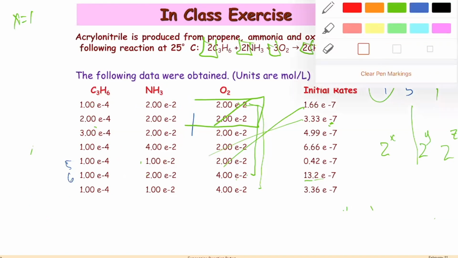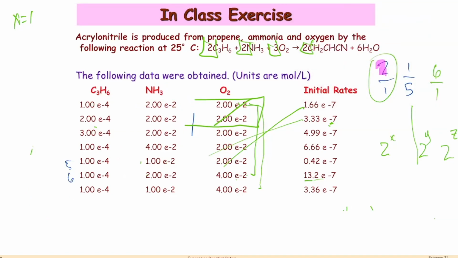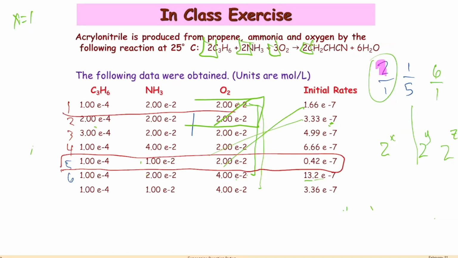I am looking at, let me just remind you, experiments 1 and 5. 1, 2, 3, 4, 5. So this right here with this right here. And why did I pick those 2 experiments? Because take a look at propene. That's the same, which means that it doesn't influence the speed, the 2 rates.